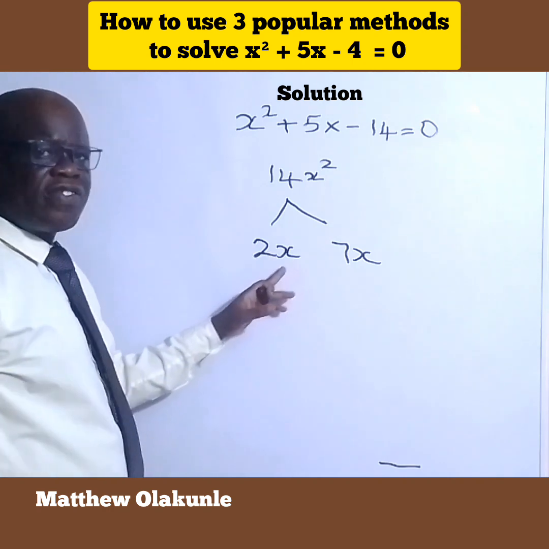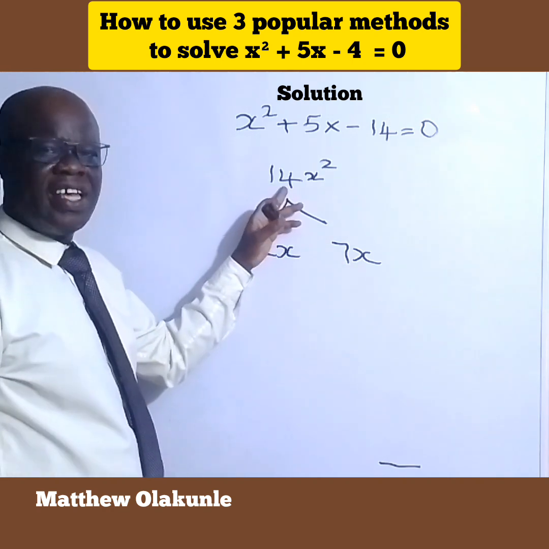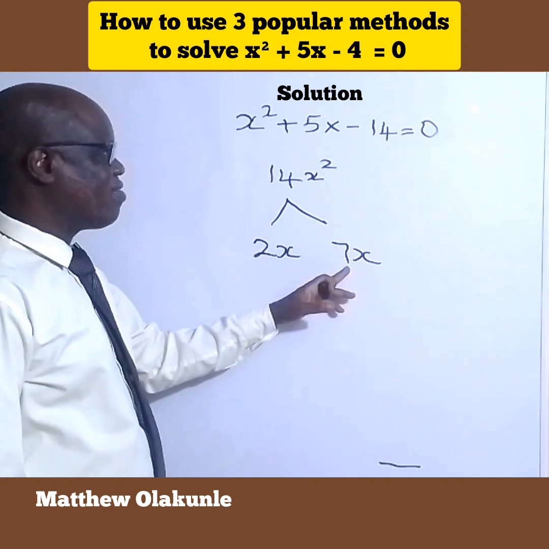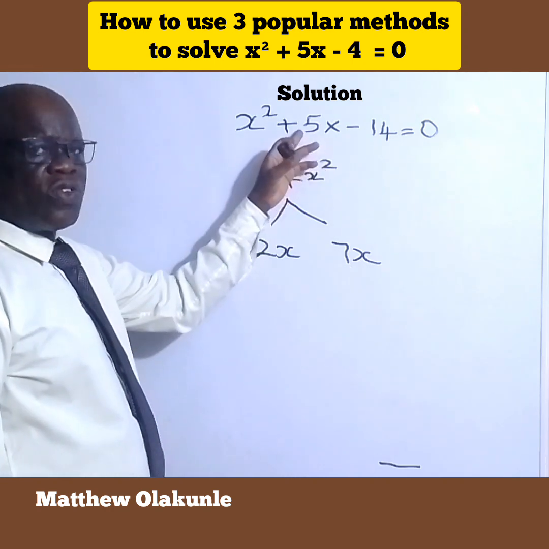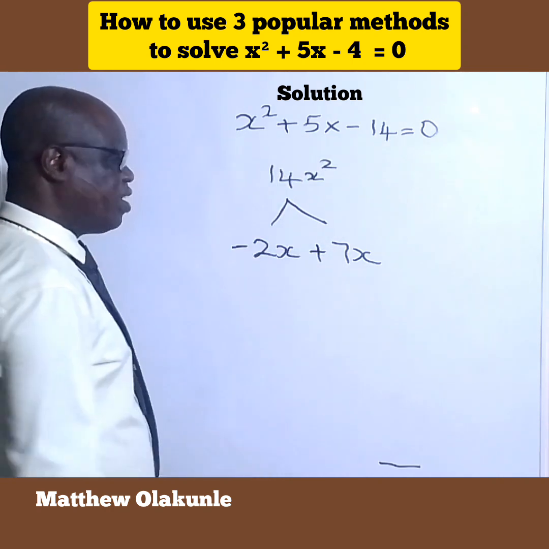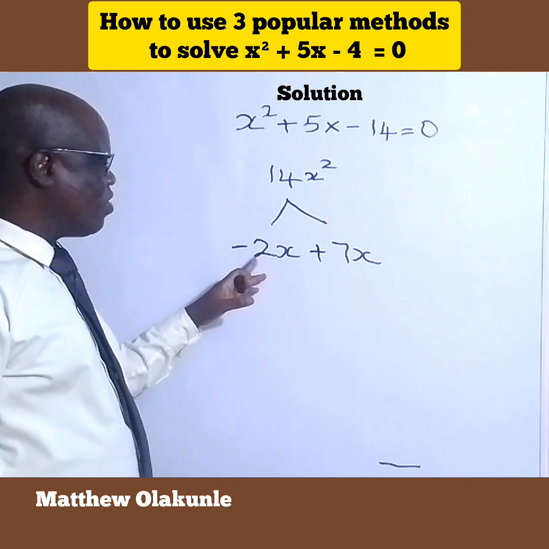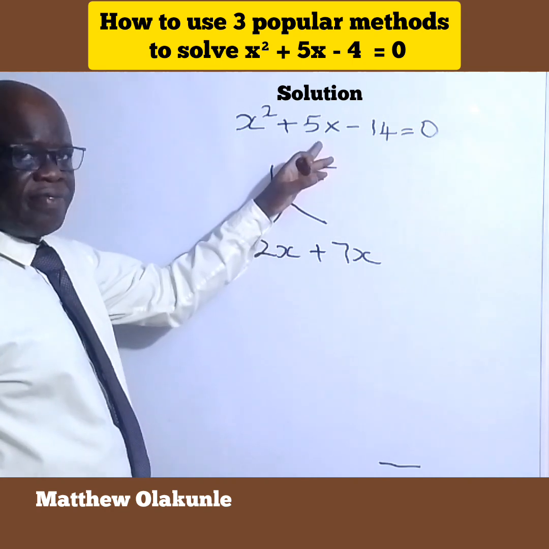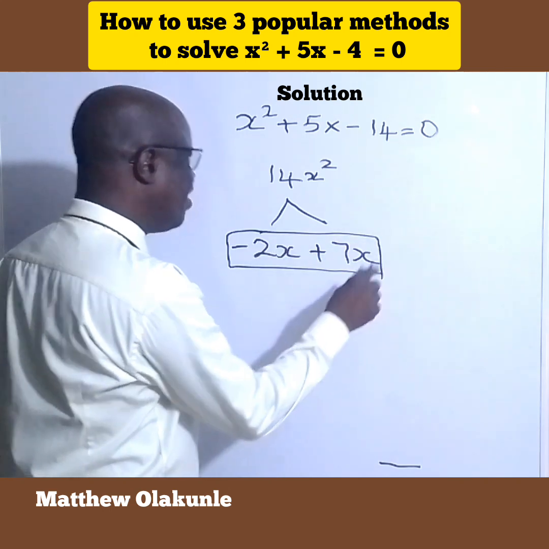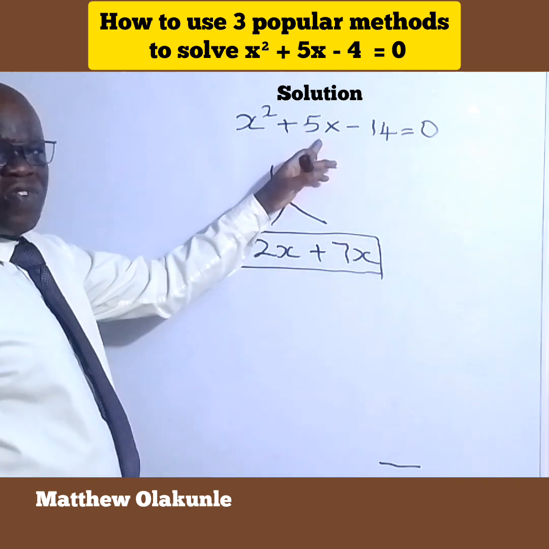If you multiply 2x by 7x, you will get 14x squared. Now, what can you do to this 2x and 7x so that you can get plus 5x? If you put plus here and you put minus here, 7x minus 2x is 5x. So you take this to replace plus 5x.